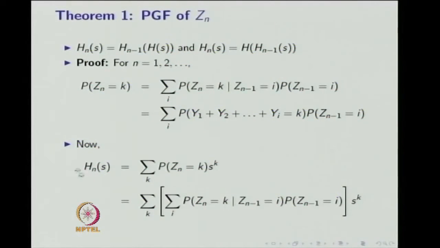Now we will find the probability generating function for the random variable Zn. Substitute the probability of Zn equal to k from above in this equation.